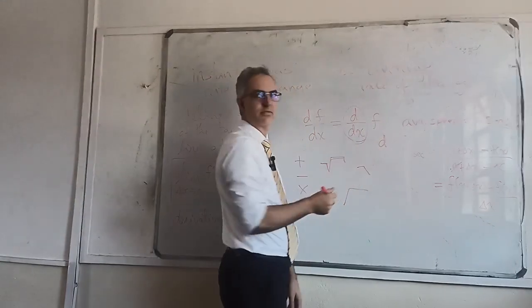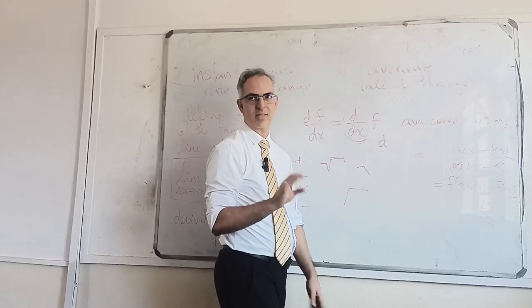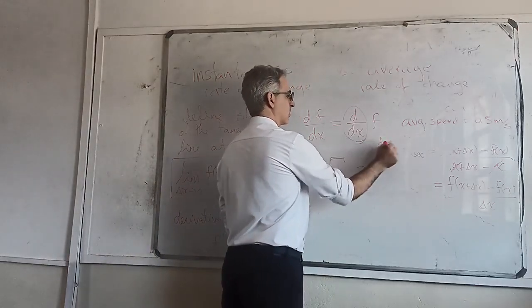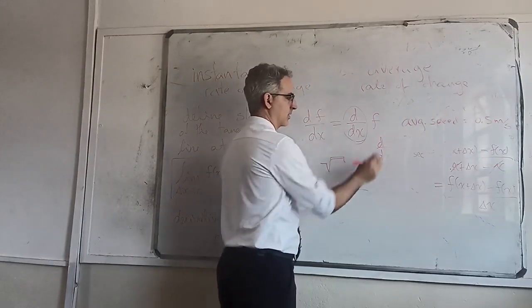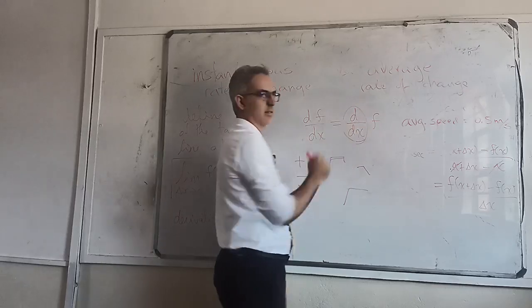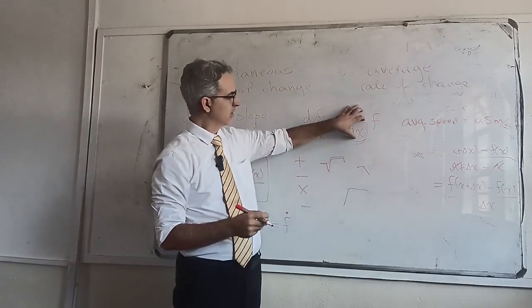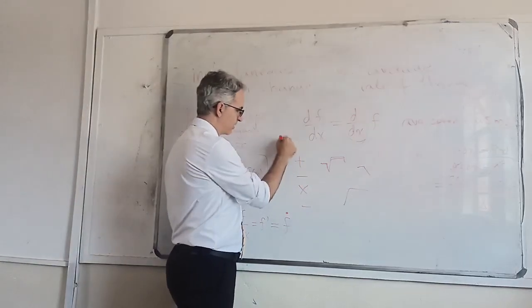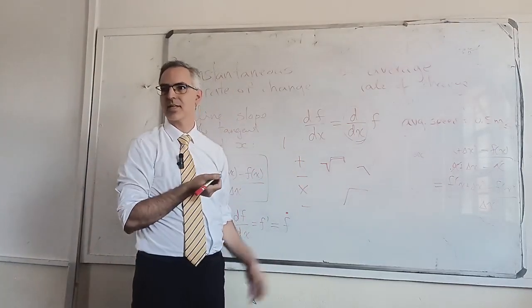d by itself, for now, doesn't mean anything. d over d doesn't mean anything, yeah? The thing that has meaning is d by dx, and this whole thing is the operator. Like plus is two lines. If I put just this line, you say, what is this? I don't know what to do with this.